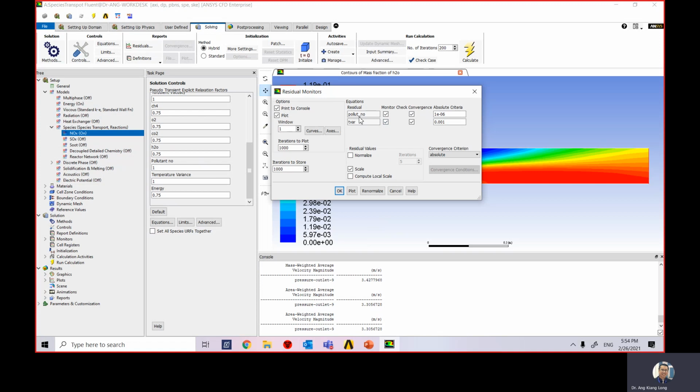What you need to be careful about is to make sure you have a very small absolute criteria for your convergence. You set the computer to monitor at 10 to the power negative 6 absolute value, which is quite a good convergence criteria to set. Okay, after that, click OK.